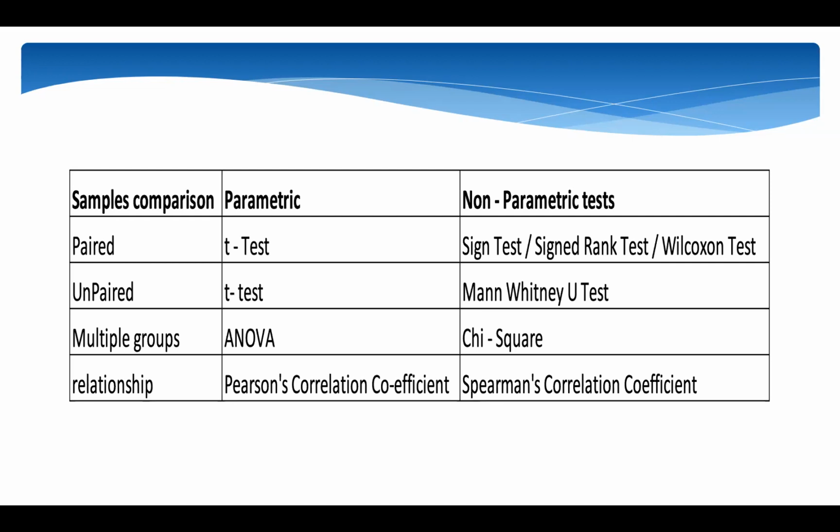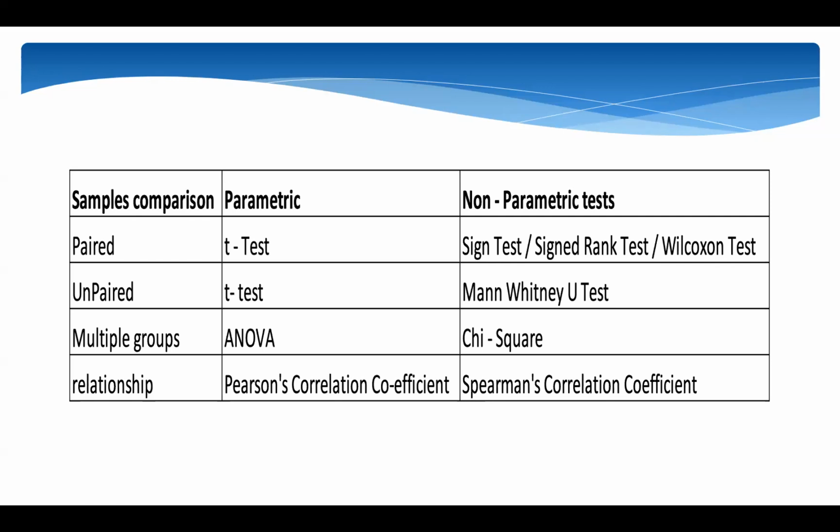And then the relationship between variables. For a parametric test, we use Pearson's correlation coefficient, and the equivalent for a non-parametric test is Spearman's correlation coefficient.